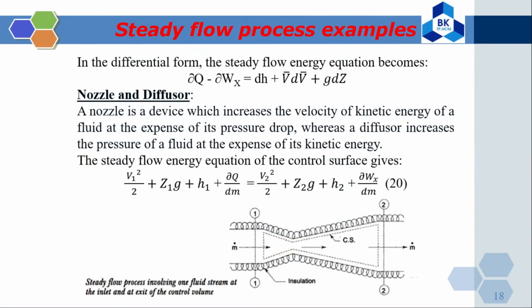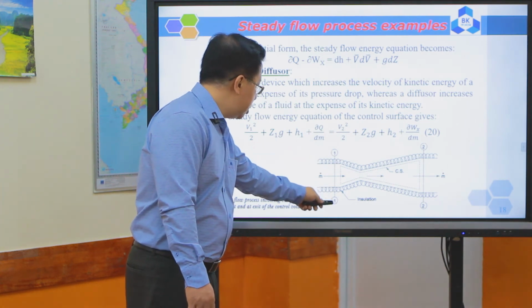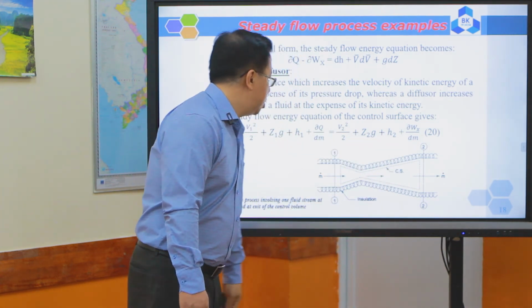For both the nozzle and the diffuser, we have the same first law equation as equation 20 here, between section 1.1 and section 2.2.